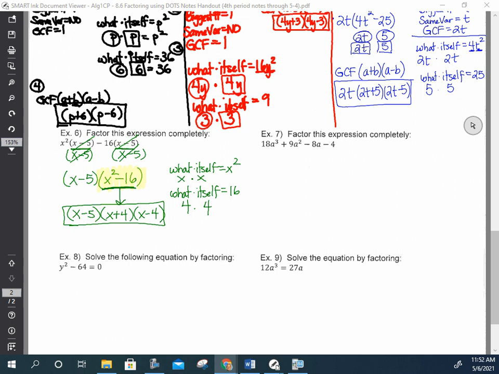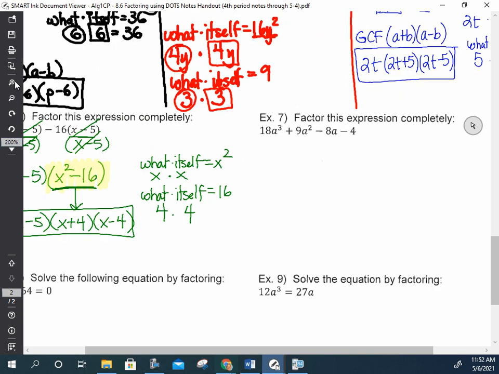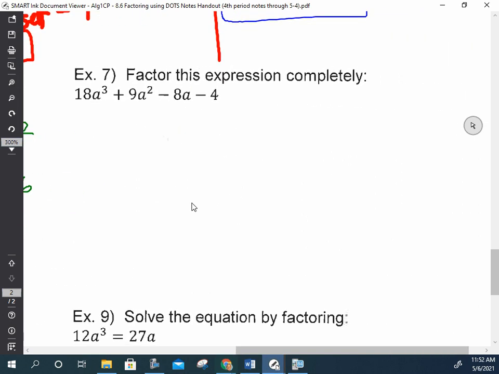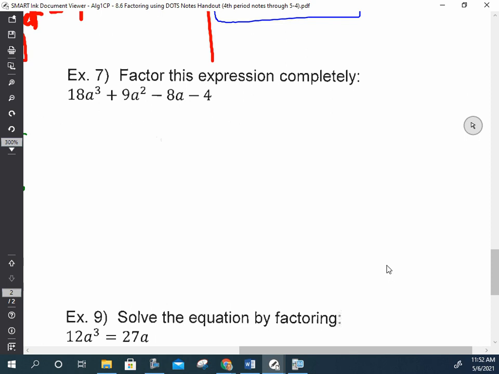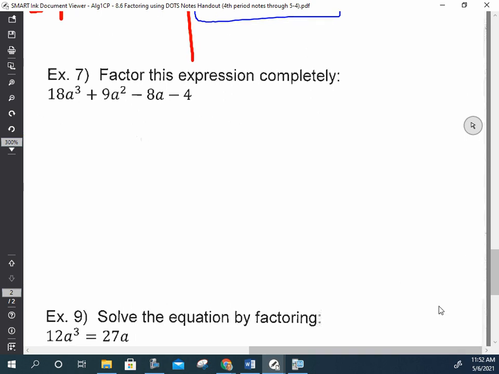All right, so let's go ahead and look at example 7. I'm going to blow this up a little bit so I can have some room. Example 7 is 18a to the third plus 9a squared minus 8a minus 4.